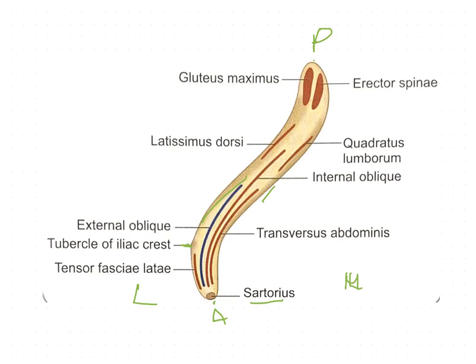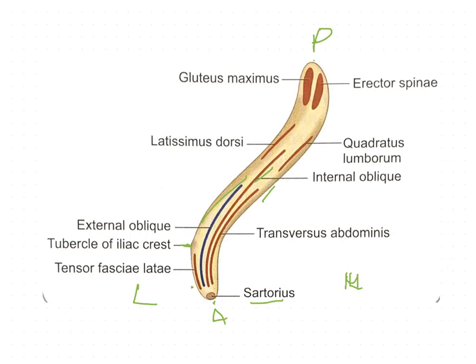Okay, and it also has some intermediate area. So what are the muscles which are attached to the outer lip? Now we will see. The most lateral gives attachment to the tensor fasciae latae.